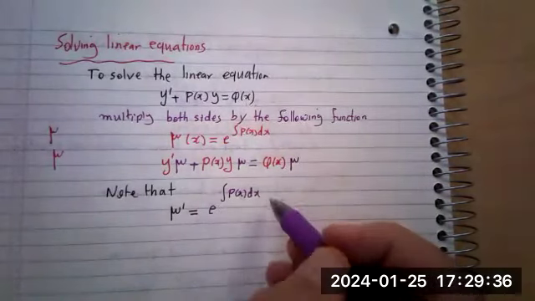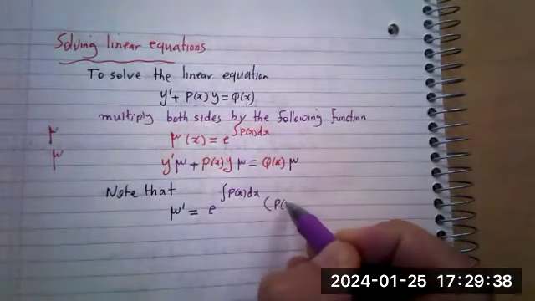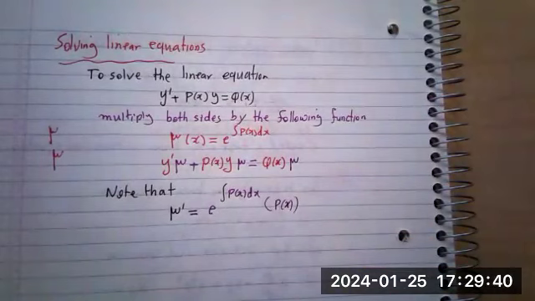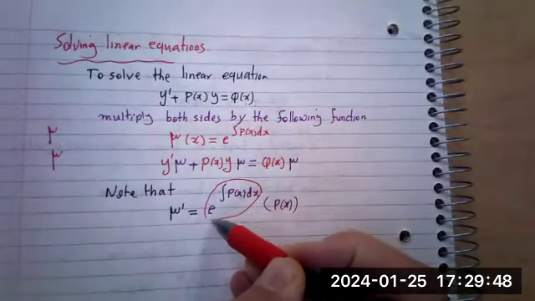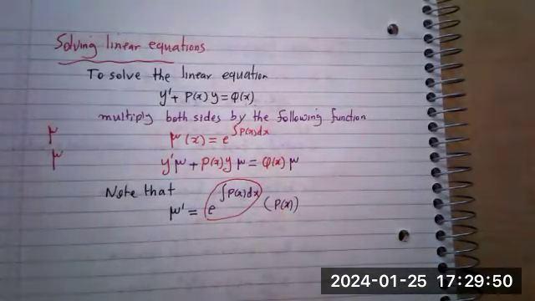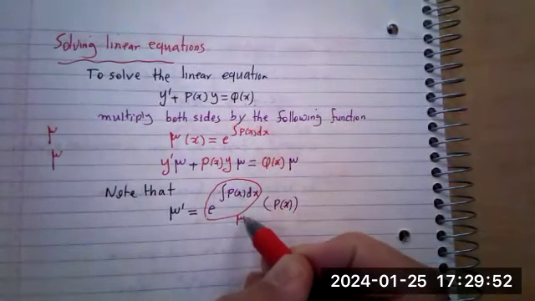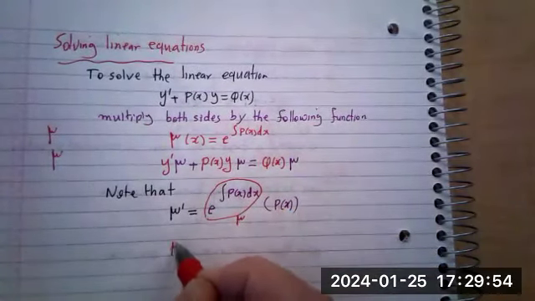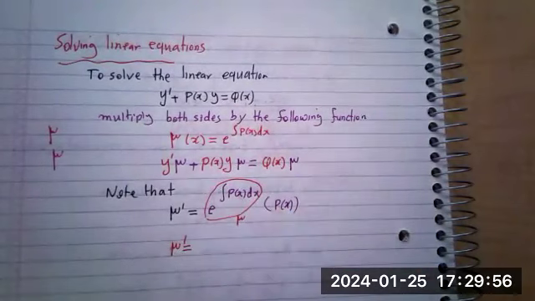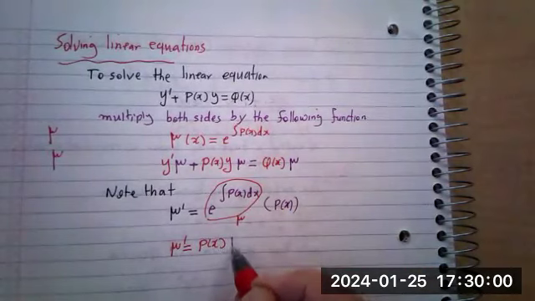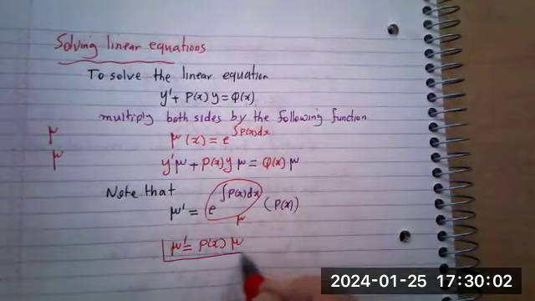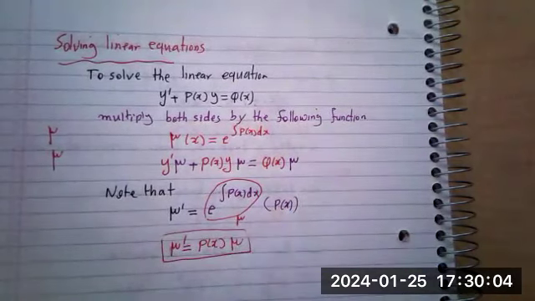The top is the integral of p of x dx, and the derivative of that is simply p of x. Any question? But remember, this exponential is just mu. So mu prime is equal to p of x times mu.